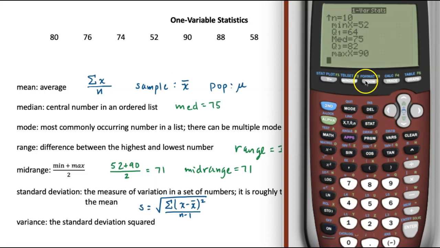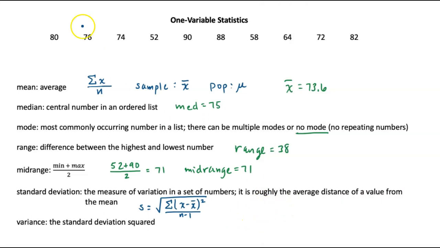Going back to those one variable statistics, our sample standard deviation is given by the symbol Sx. And so that's going to be 12, and usually we'll be given some sort of rule of rounding. For now, we can round to 2 decimal places to find that that's 12.47.